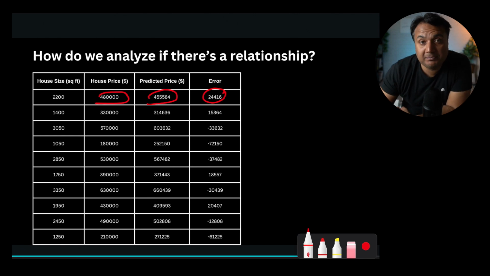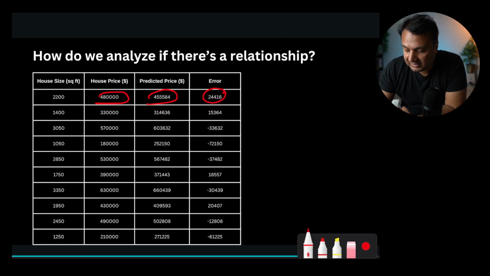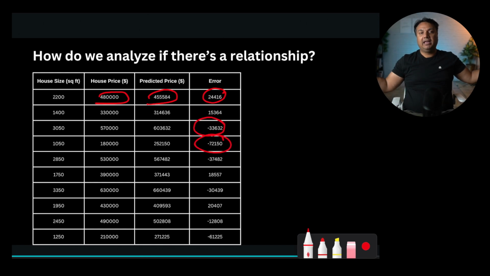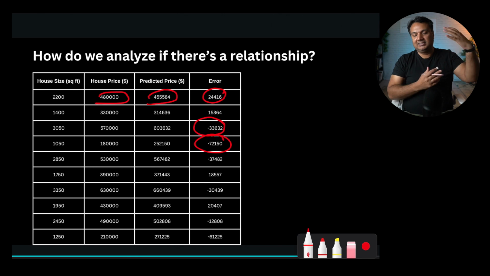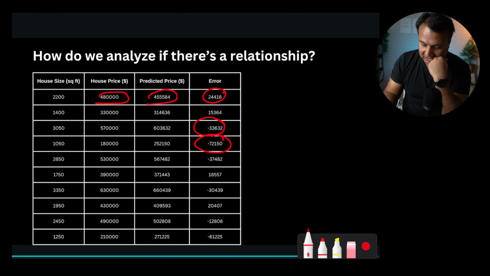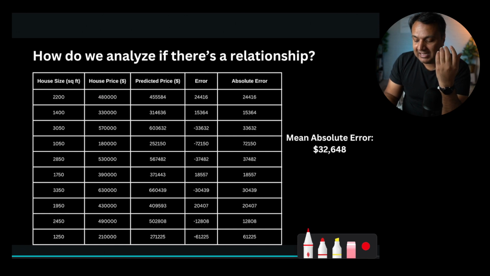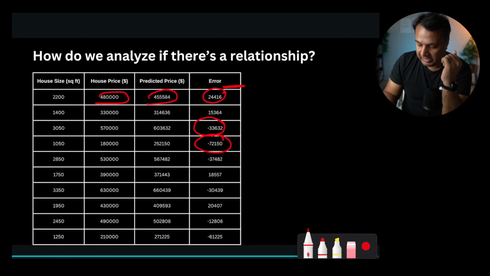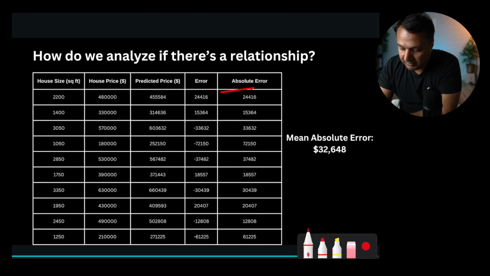So you can sum up or take a mean of this. But the problem with summing up is that there are some positives, for example this one, and then some negatives. This is negative, this is negative. And when you combine positives and negatives, they start canceling out each other. So we take one more step, which is to take the absolute value, so we cancel the positive or negative sign. Everything becomes positive.